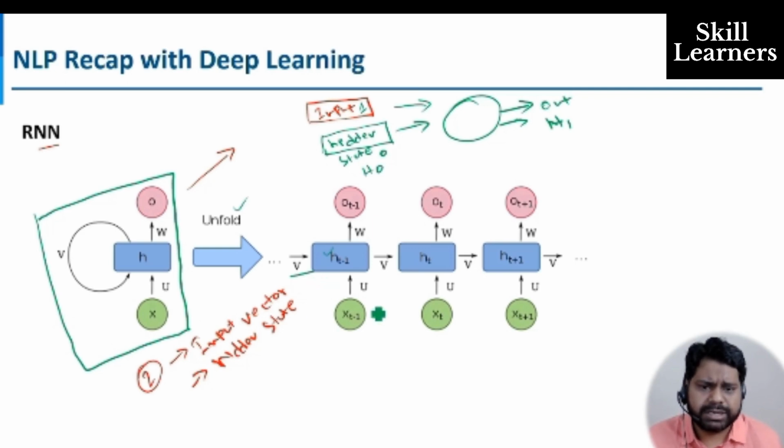The input vector x(t-1) and the hidden state go there, and we get output t-1. Then this vector goes here, and this x(t) goes there. This will generate output t, then output t+1 will be generated when we provide h(t+1) and x(t+1).